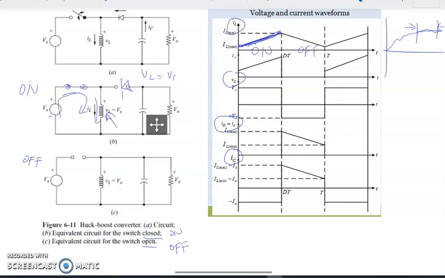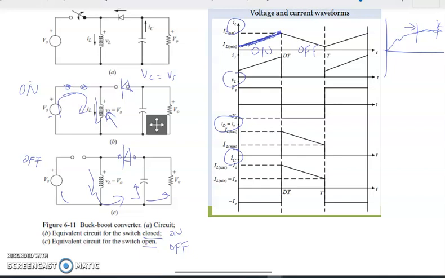When we switch off, meaning disconnected, the diode is now forward biased, meaning the current will flow. It no longer goes through the source branch, but goes to another branch, through the capacitor and the load, and back to the inductor.